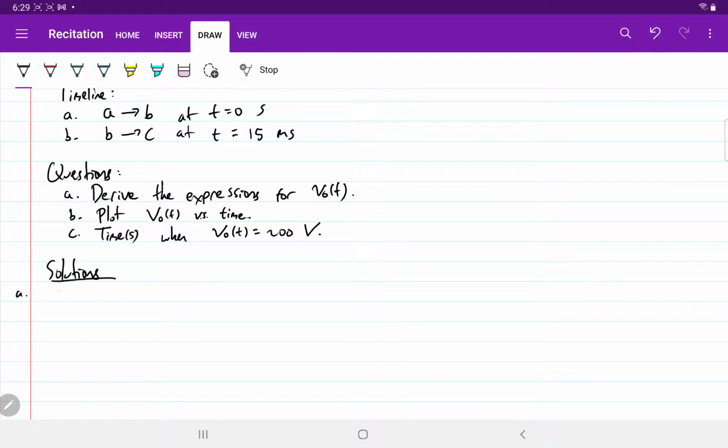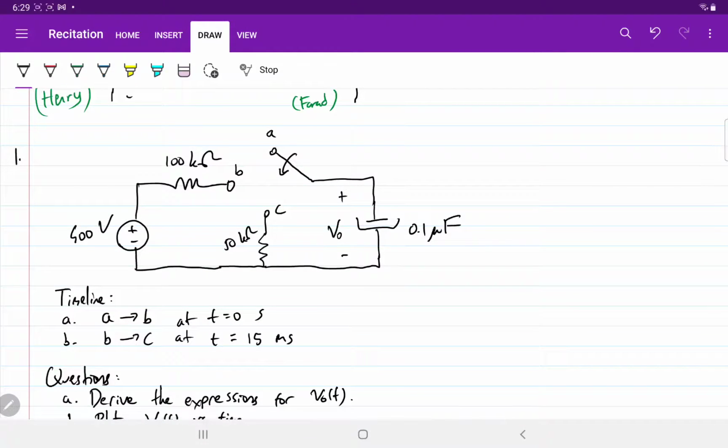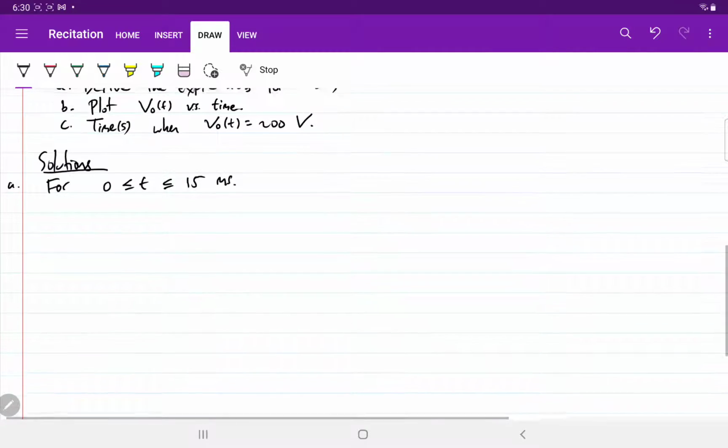First, consider t between 0 and 15 milliseconds. When t is less than 0, we have the switch at position A, but when t is equal to 0, the switch moves from A to B. So we have the switch closing from A to B, and we have this circuit here for t between 0 and 15 milliseconds.